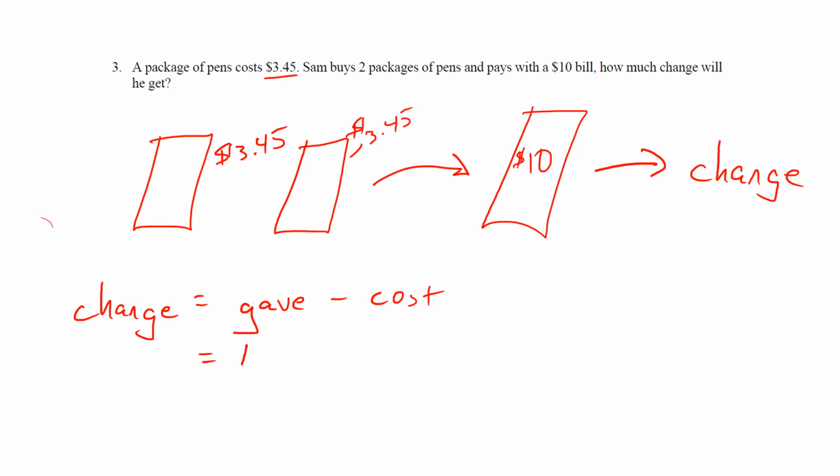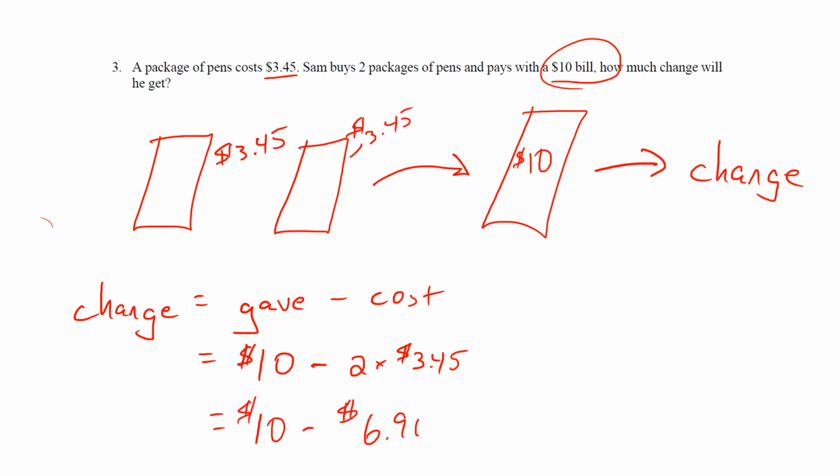So in this case, it would be $10, right? Paid with a $10 bill. And the cost, there are 2 times $3.45. And so that would be $10 minus $6.90, and that's going to leave us $3.10. That's the change he's going to get.